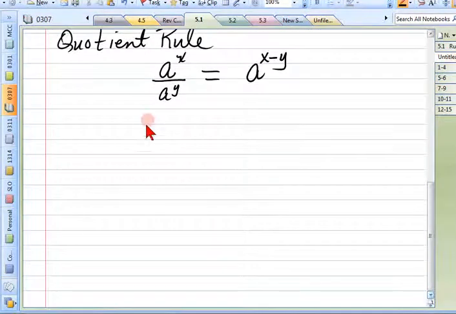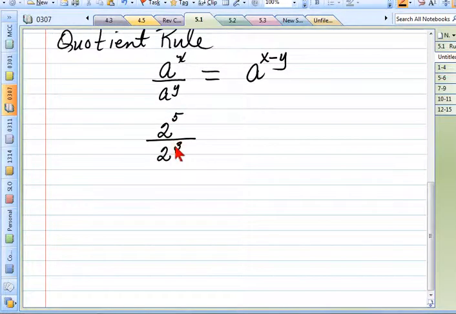An example, what if I had 2 to the 5th over 2 to the 3rd? That'll be 2 to the what? 5 minus 3, which is 2.